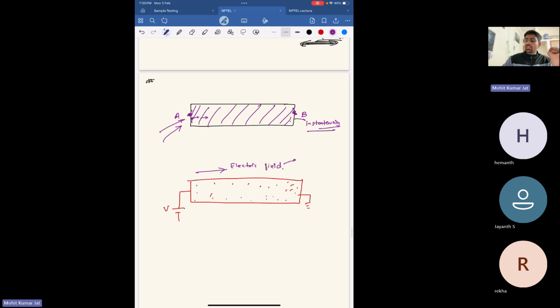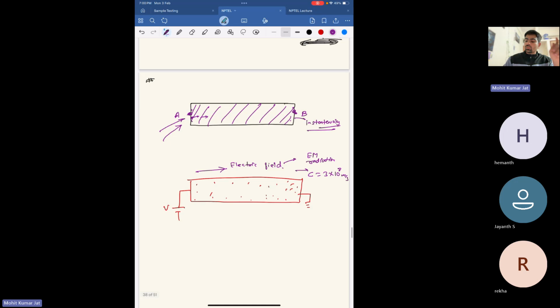The electric field travels as electromagnetic radiation, and electromagnetic radiation moves with the speed of light, C, 3 times 10 to the power 8 meters per second. So as soon as you turn on the plug, the electric field gets generated in the system at that speed. That is very instantaneous.